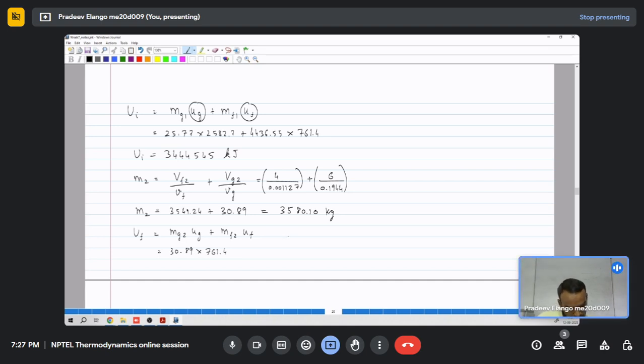And similarly here we will have 2582.7 plus MF2, which is 3549.24, into UF2, which is 761.